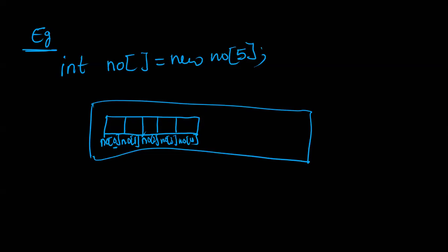Whatever it is, there are 5 elements only: 0 to 4 are 5 elements. That is important. Later we will solve some questions based on these indexes.